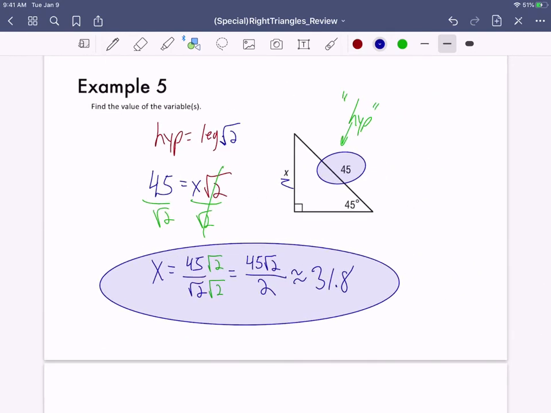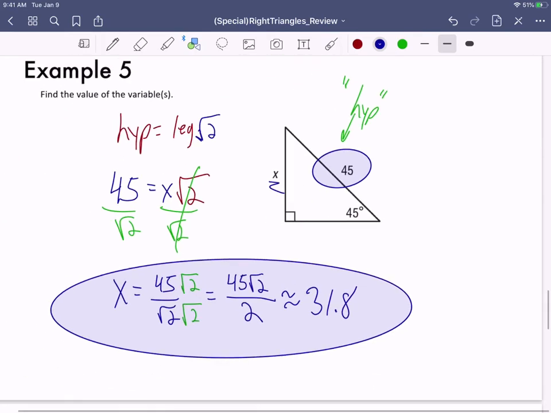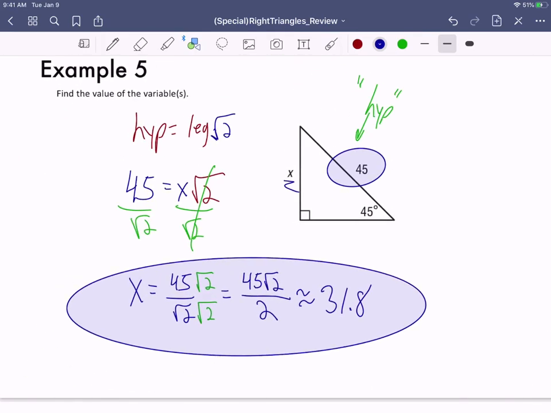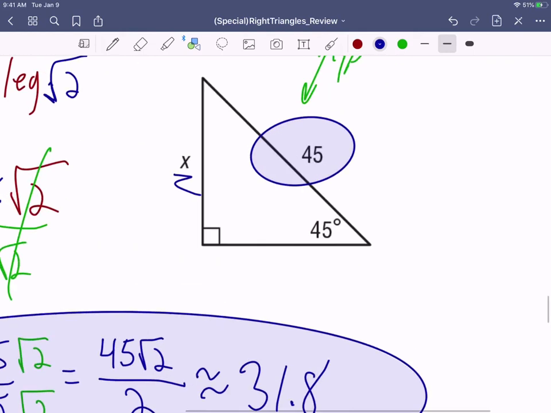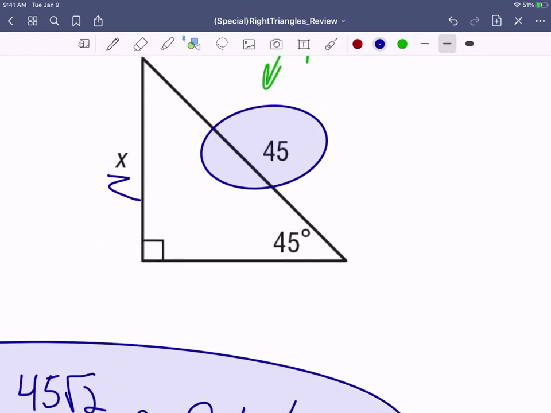All right. Now, when you look at something like this, if you're really bringing your A game and you're familiar with this, it isn't as annoying and complicated as, oh, I have to write down hyp equals leg root 2 every time. You say, well, if I know the hypotenuse and I don't know the leg, ordinarily I would say hypotenuse equals leg root 2. Well, if I know the hypotenuse and not the leg, I go in reverse.